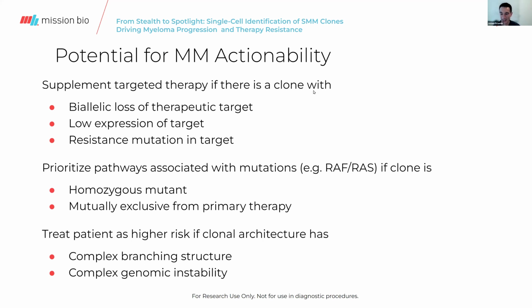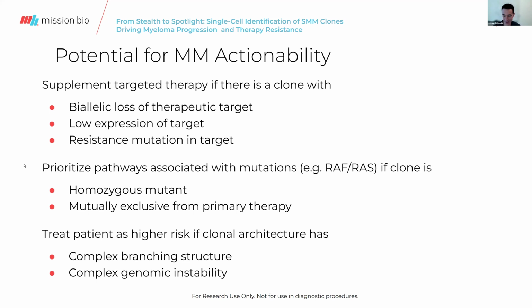If our assay says that there's a clone that has biallelic loss of that therapeutic target, say you have biallelic loss of BCMA in some clones, and you're treating with BCMA CAR T or BCMA ADC, that should give you pause. If there are clones that are low expression of the target, those might be the ones that relapse. And then also, if there are resistant mutations in a particular target, in a particular clone, those might be the cells that don't respond to treatment.